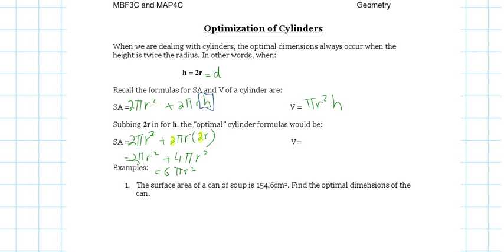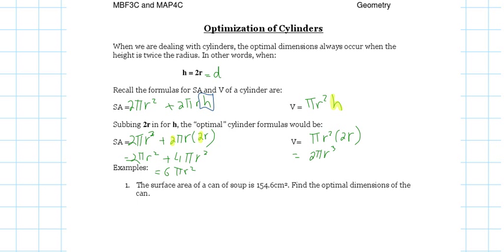Now, replace that h with what? 2r. So pi r squared times 2r. What does that give me? 2 pi r cubed. Because 2 times pi, that's 2 pi. R squared times r, that's r cubed.